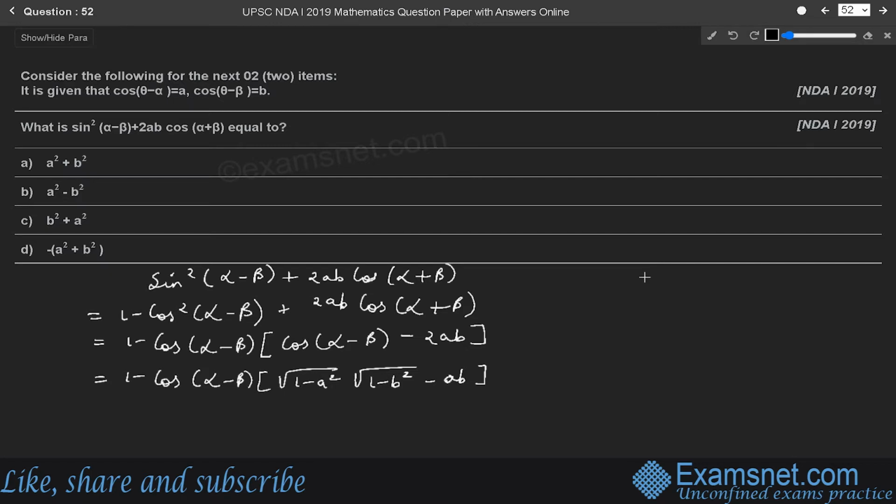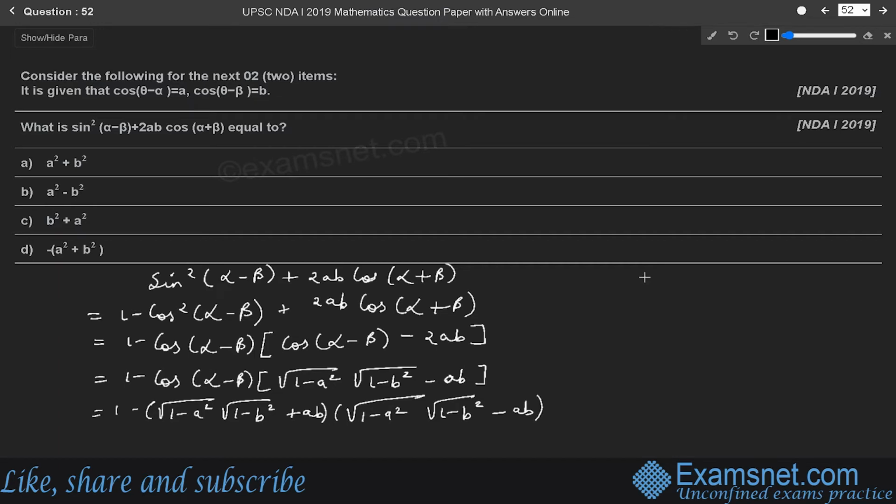On further solving, we will get 1 − √(1 − a²) √(1 − b²) + ab into √(1 − a²) √(1 − b²) − ab.